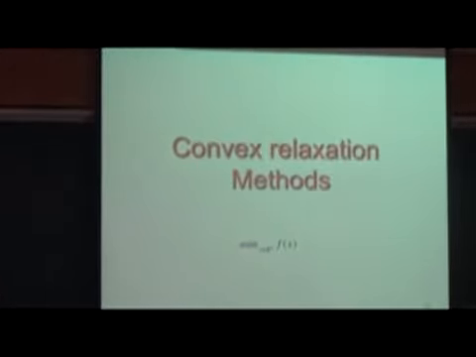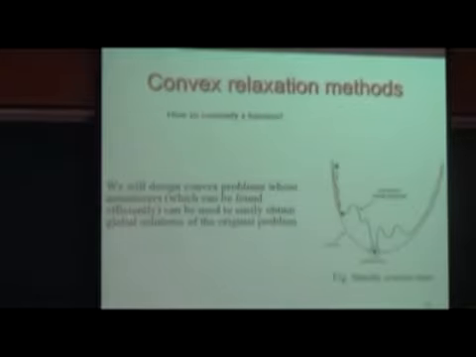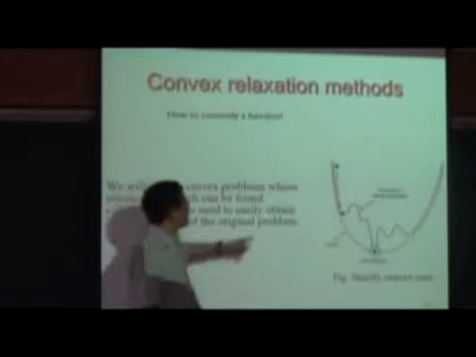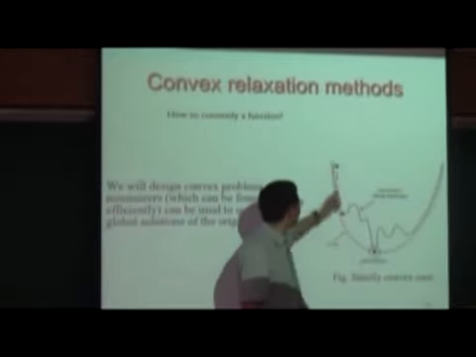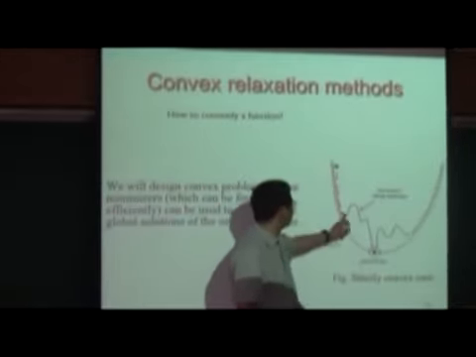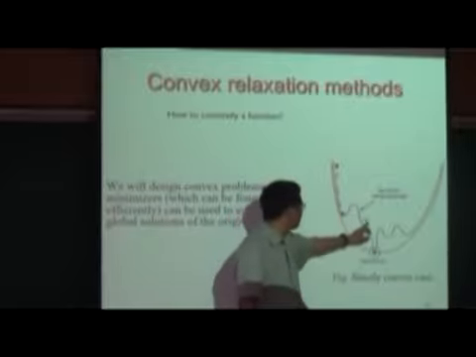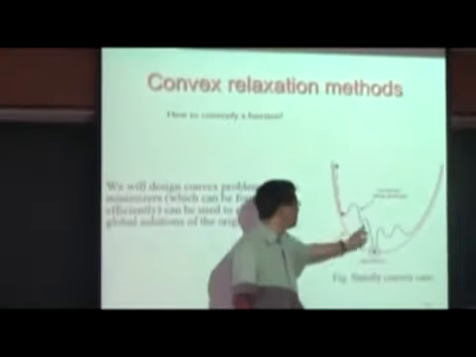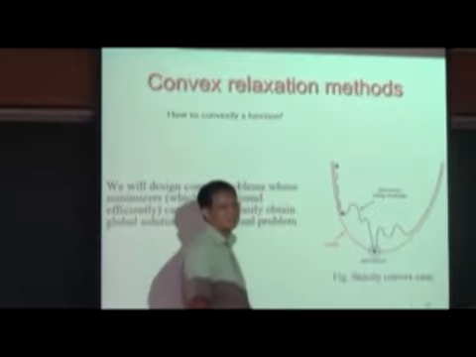So therefore, level set is not convex. It depends on the initial value. This is mostly the level set minimization. If you start from here, you get stuck here. If you start here, you get stuck here. So therefore, it depends on where you start.